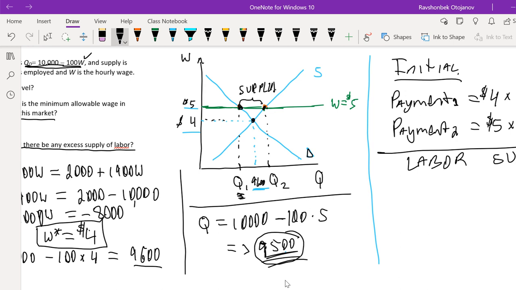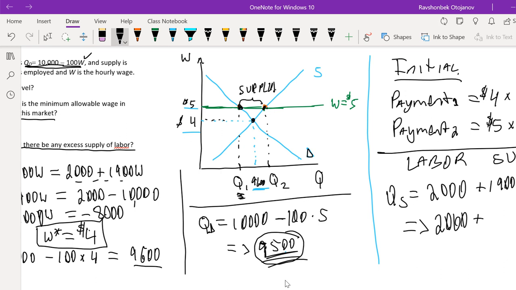That is when we use the demand equation. Now for the supply equation, we will just copy the equation again: 2,000 plus 1,900 W. Just to make sure that I copied this correctly, yeah? That's the same. So now 2,000 plus 1,900 times 5.